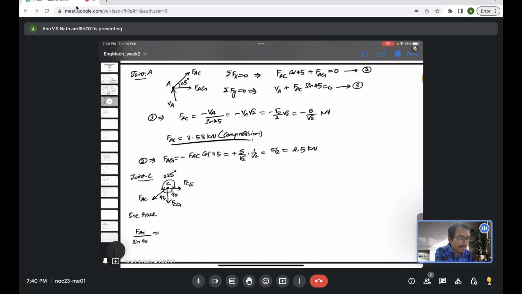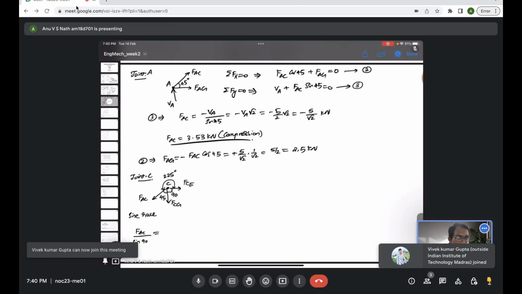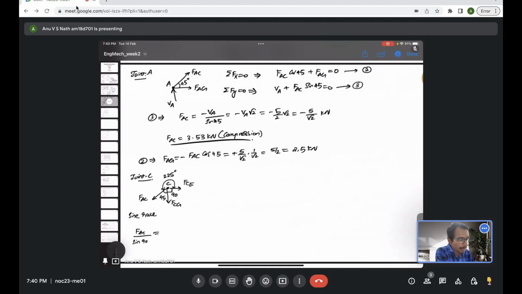It's looking like concurrent forces, but one of the angles is actually bigger than 180 as well. So it may be complicated, but if you think, it's actually only 3 angles and 3 forces. It's a concurrent system. So you could just use the idea of one force divided by the sine of the opposite angle. So FAC divided by sine of 90.